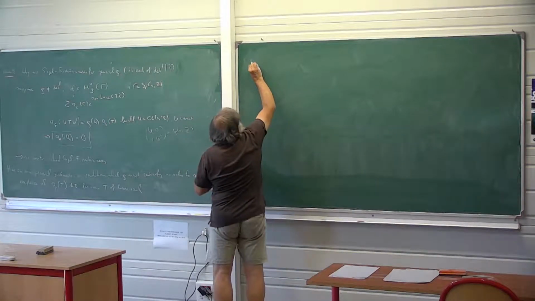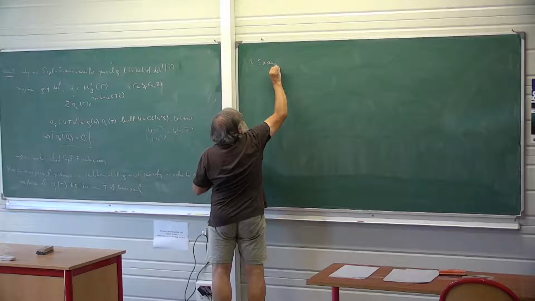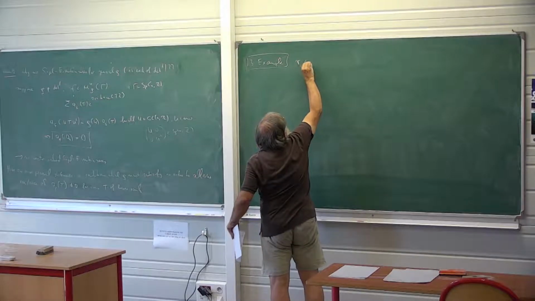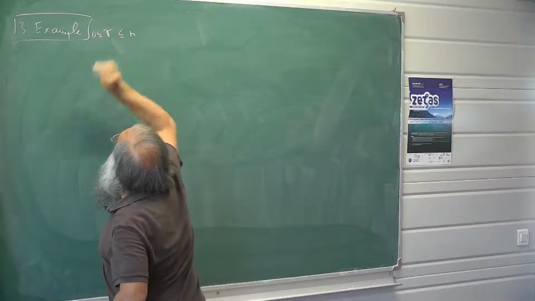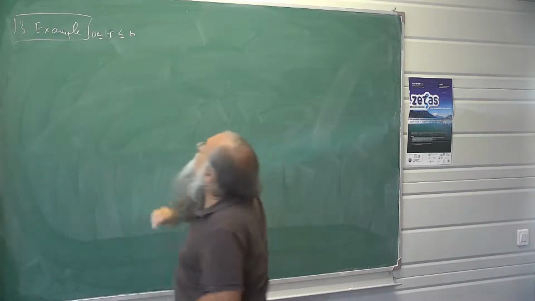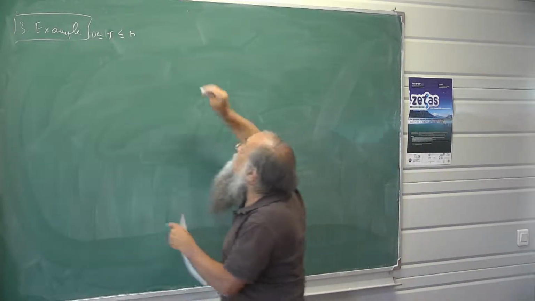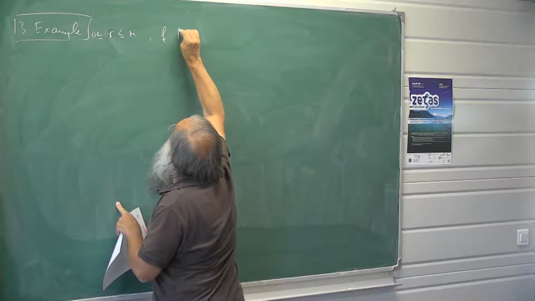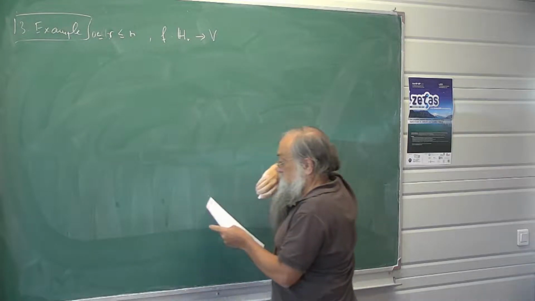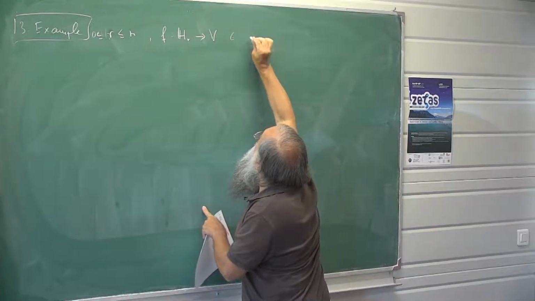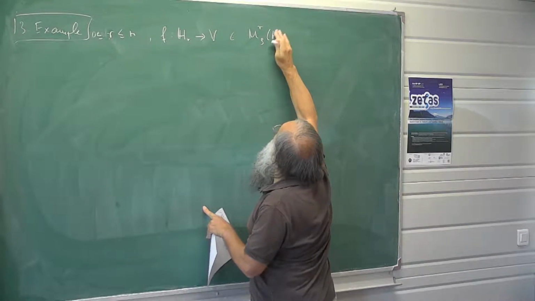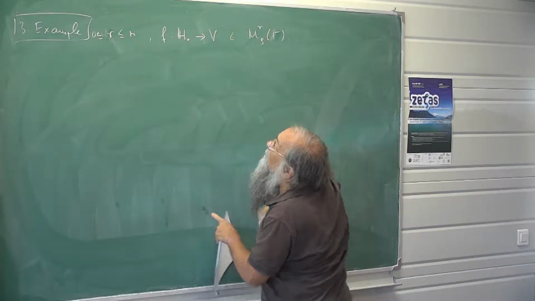So here's a third example. Take any number r between 0 and n. Now we start with a cusp form in M_r rho over gamma.